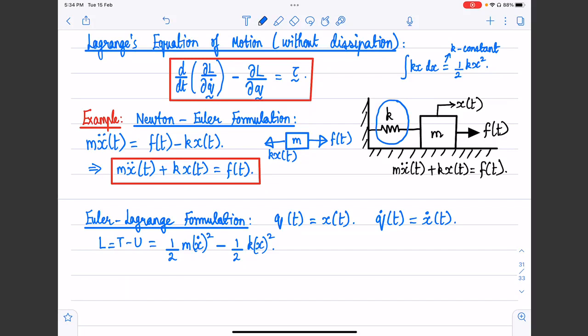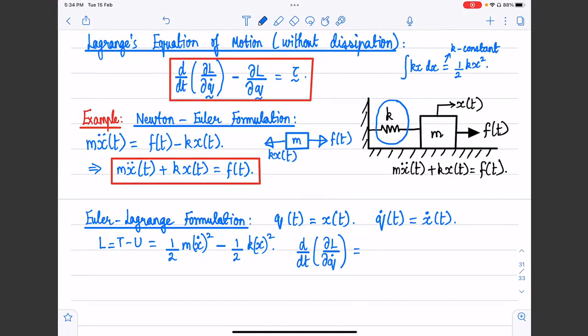Now let's evaluate each term in the Euler-Lagrange equation. The first term is d by dt of del L by del q dot. Here we only have a scalar variable, so I'm just going to put q dot as a scalar variable.